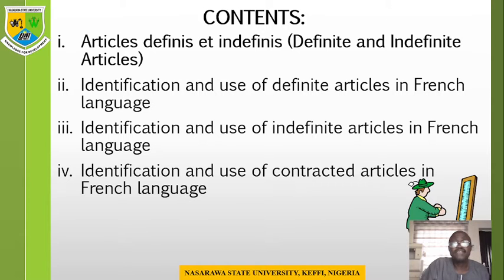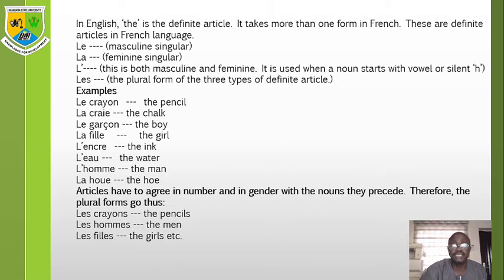Identification and use of definite articles in French language. Identification and use of indefinite articles in French language. Identification and use of contracted articles in French language. Those are the elements we shall be discussing, the content of our lesson for the week.